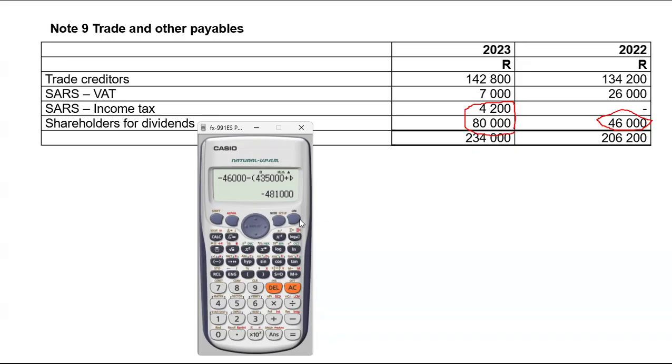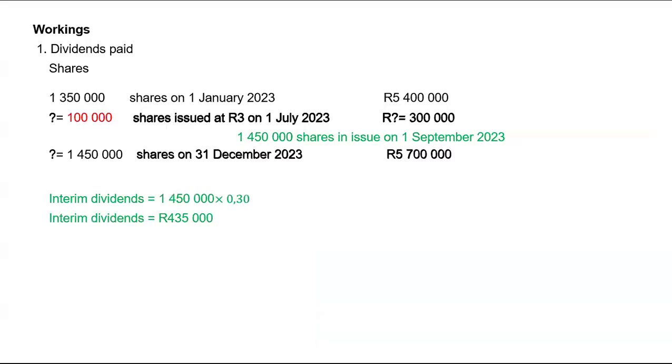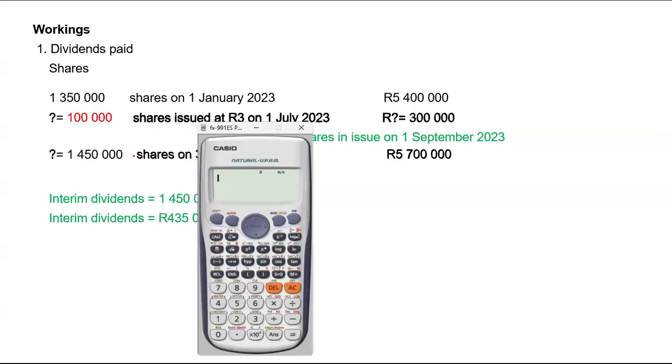Let me just quickly calculate it. This year's interim was 435,000, and this year's final was 80,000.